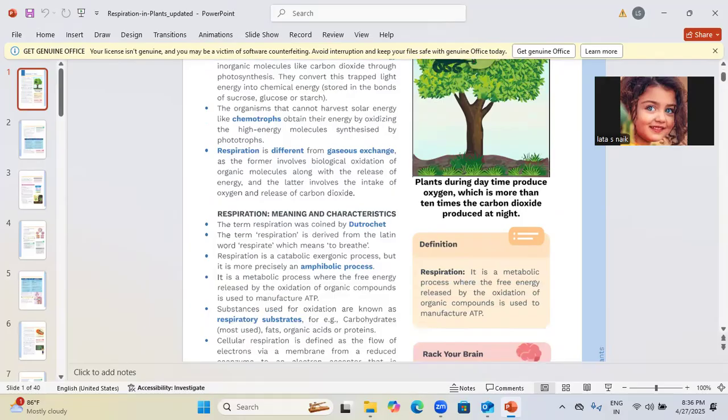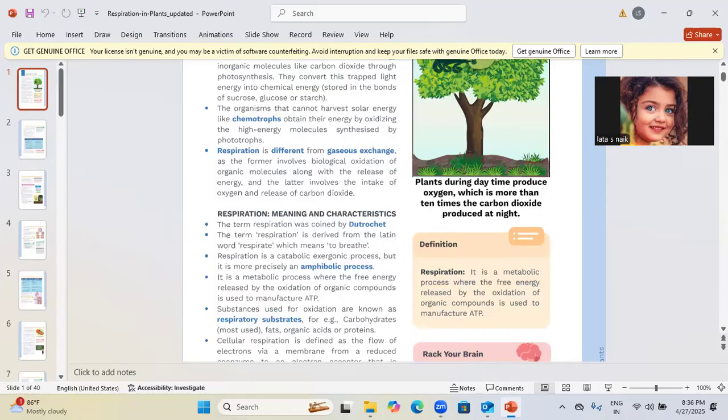So in chemical terms, if we define respiration, it's a metabolic process where the free energy released by the oxidation of organic molecules is used to manufacture ATP. Now, it's a catabolic exergonic process, but more precisely, we call it an amphibolic process. In detail, we'll study what is amphibolic process in the later section.